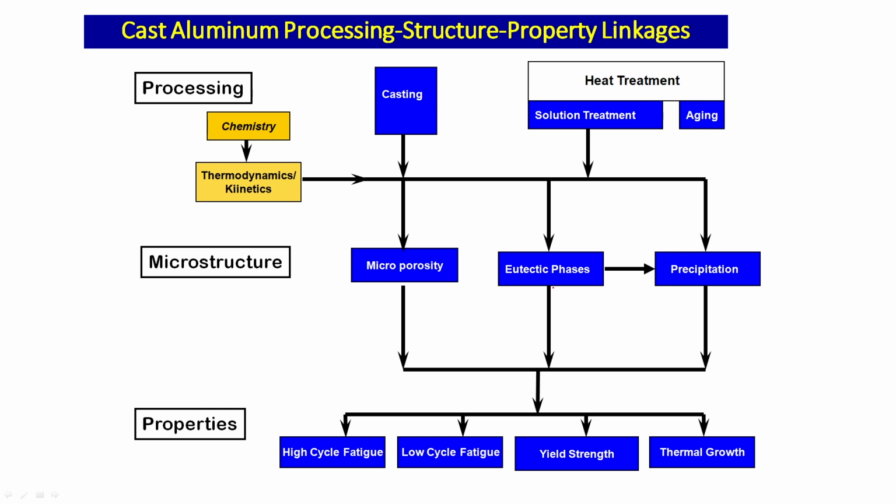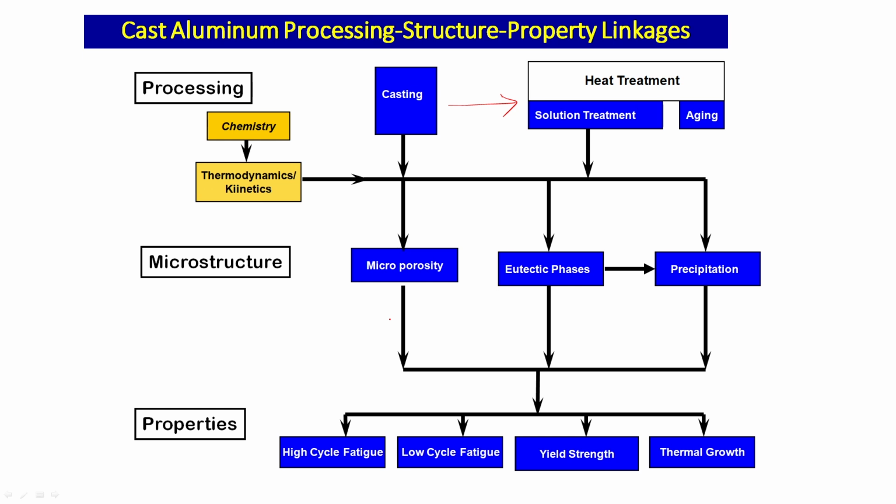Aluminum silicon copper alloys have both eutectic and precipitate phases. Then you can also do heat treatments, like solution treatment or aging for aluminum copper silicon alloys, which allows you to study the precipitation. So with this process you can generate both the thermodynamic and kinetic aspects from the chemistry, as well as study the microstructures.